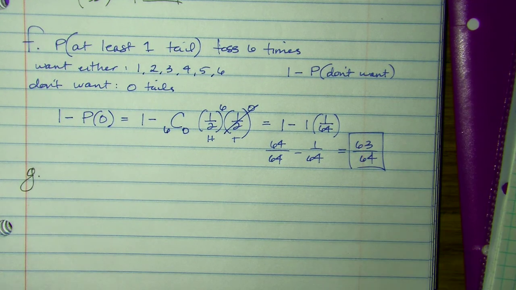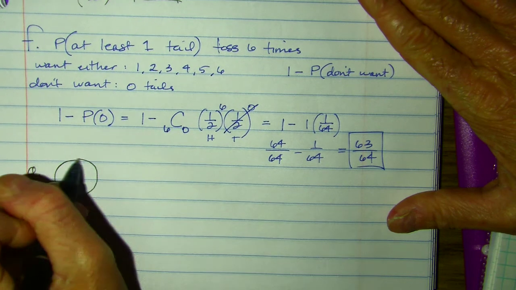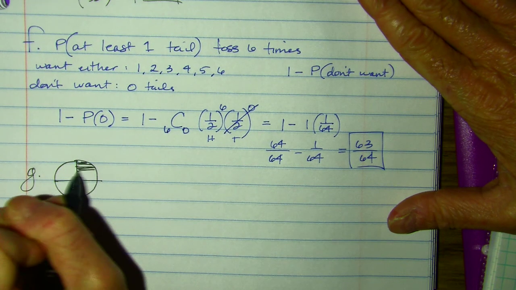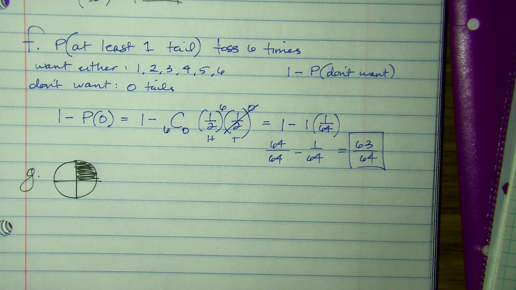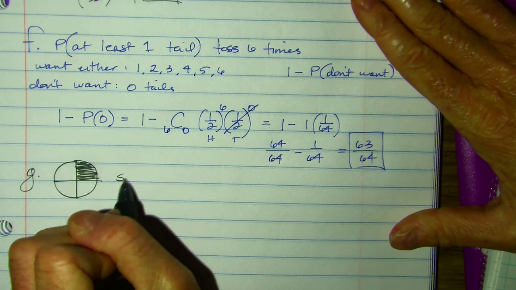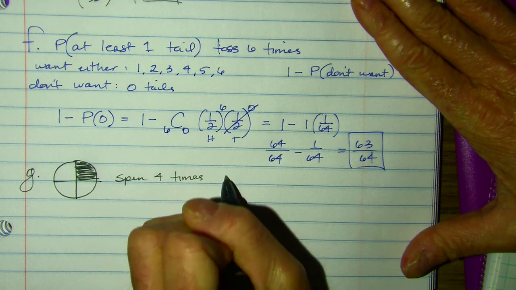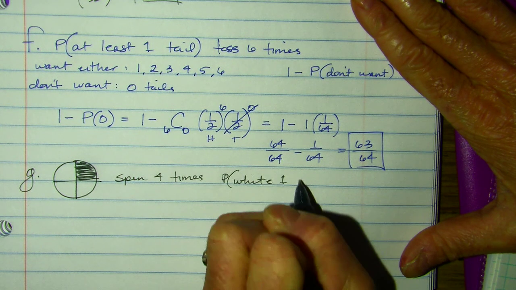G, they showed us a spinner. The spinner looked like this. And it asked, if I spin 4 times, what's the probability I get white 1 time?